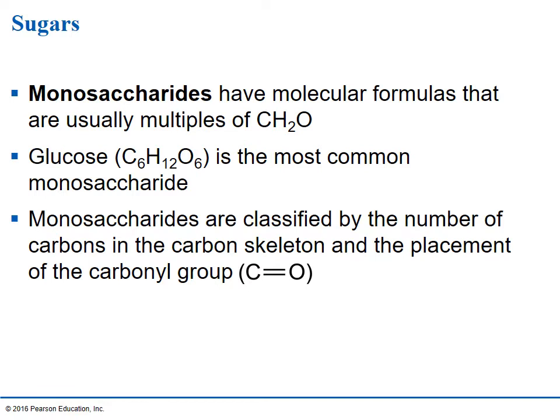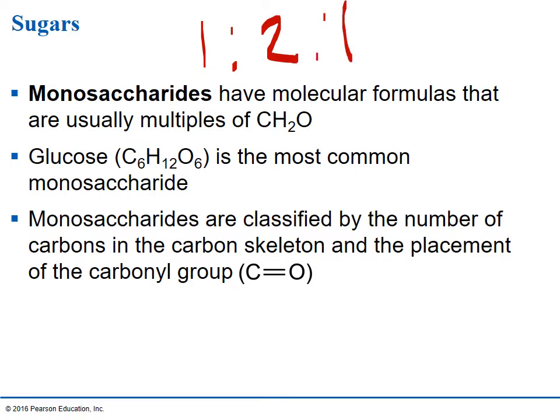What you should remember, in addition to the things that I just listed in the previous slide, is the ratio of carbon to hydrogen to oxygen for a carbohydrate. The ratio is a 1 to 2 to 1 ratio.